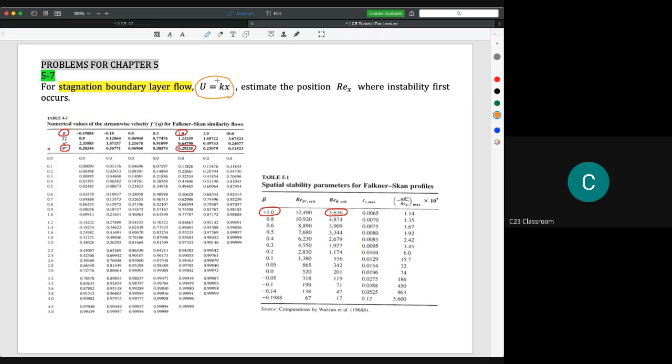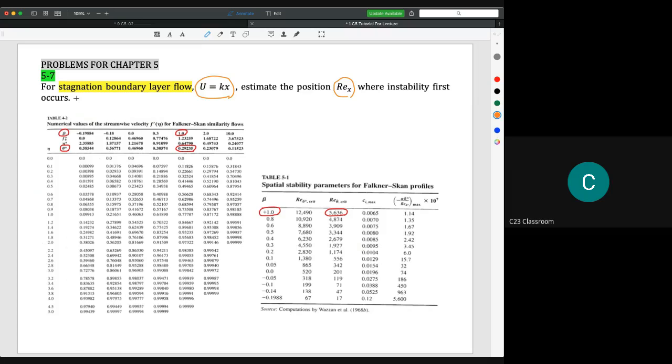So K is the constant. Okay, it can be anything. And then for example, for this one, for stagnation boundary layer flow, we assume that U is equal to Kx. So estimate the position Reynolds number where the instability first occur.